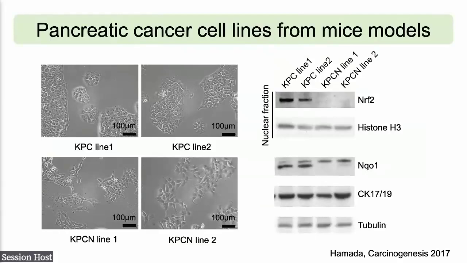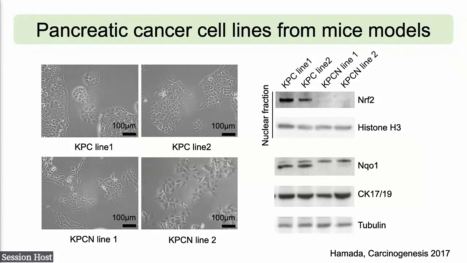At first, we established pancreatic cancer cell lines from KPC mouse and NRF2 deleted KPC mouse. NRF2 deleted KPC mouse derived cell lines lack nuclear NRF2 expression. And the expression of the NRF2 target molecule, NQO1, was also lost.